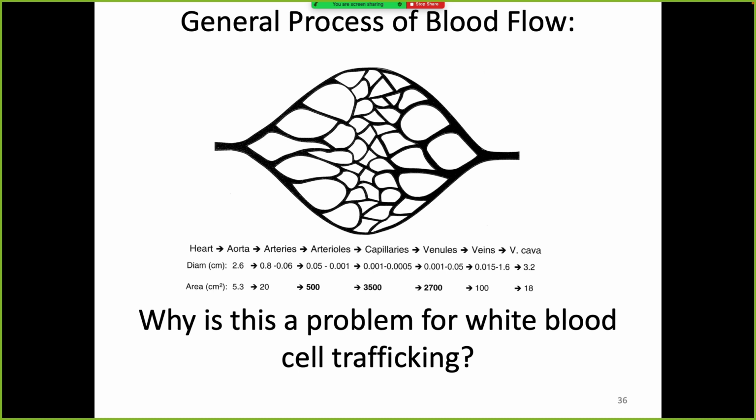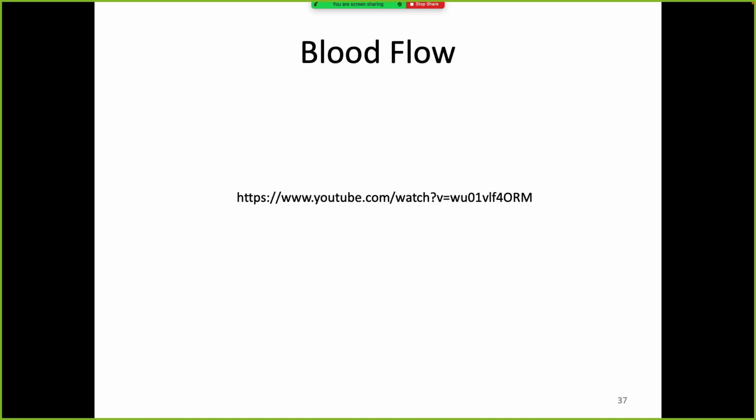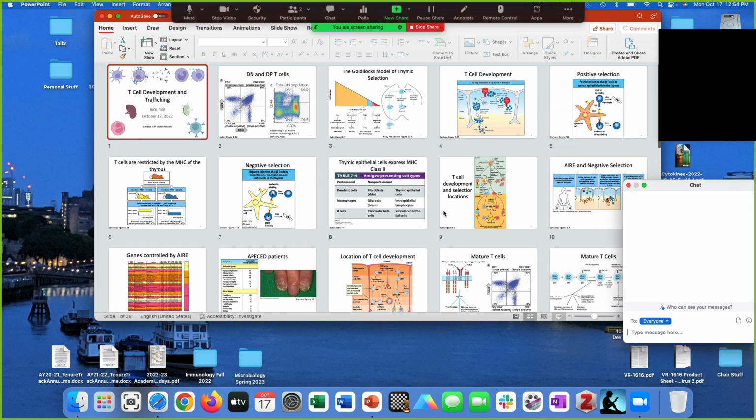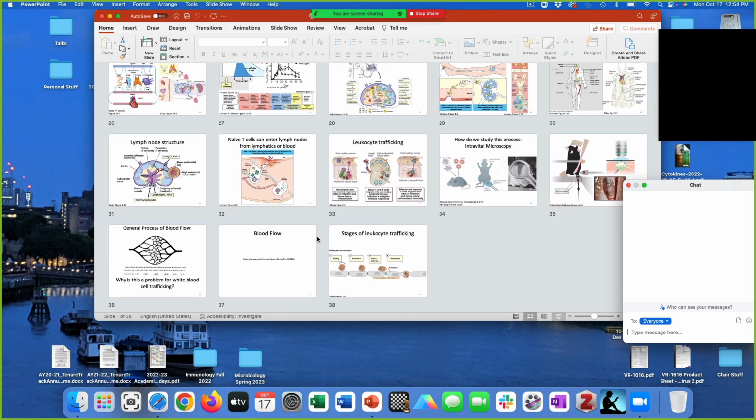So we talked before about the pressure that the blood cells are under, how they're moving through the body. And we're going to look really briefly right now at an image of cells moving in a live mouse.